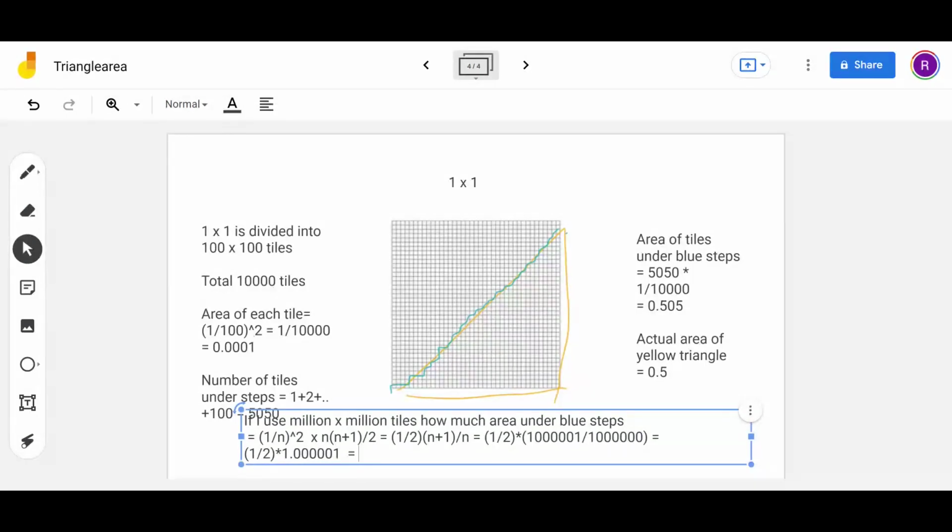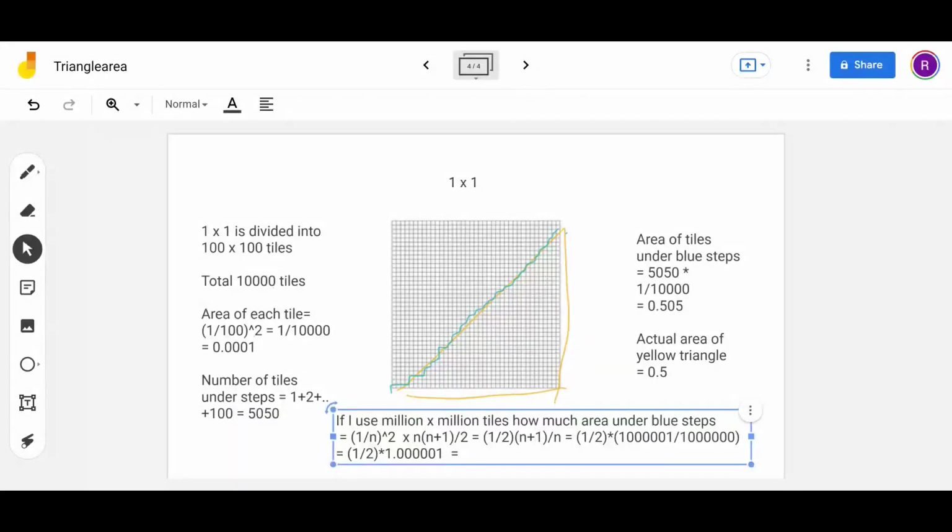How much is this? What is half of 1.000001? Yeah, who wants to say? Anyone wants to tell me roughly the calculation for that?